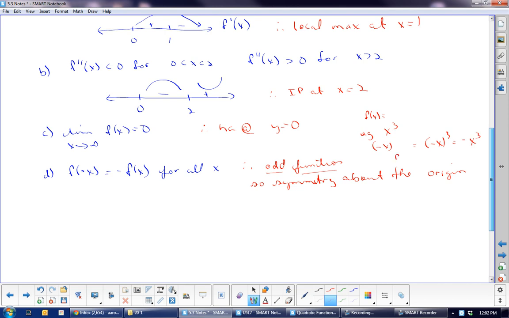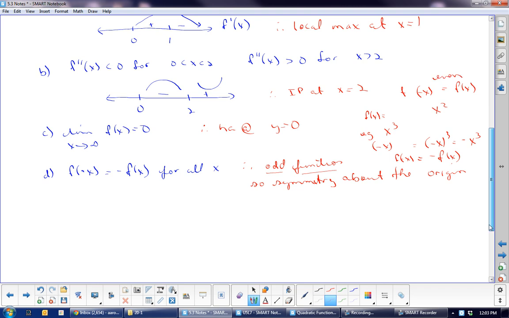So f of negative x does equal negative f of x. It's an odd function. It's even if you can put negative x in there, and it comes out as f of x again. So x squared would be a good one. If you put negative x in there, it just comes out as the same function. That's an even function.